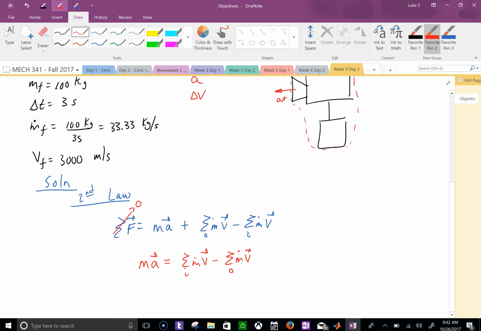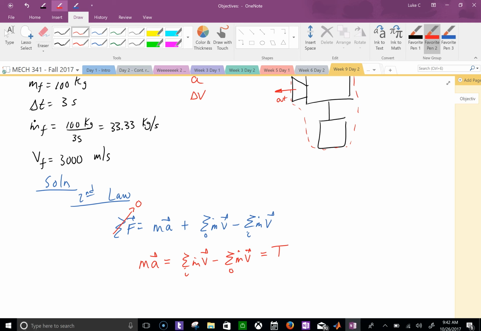What is the unit on mass times acceleration? Yeah, it's Newton. So that is what we define as the thrust.